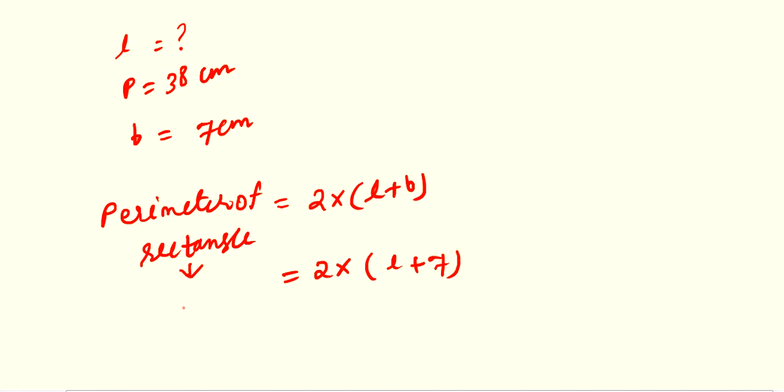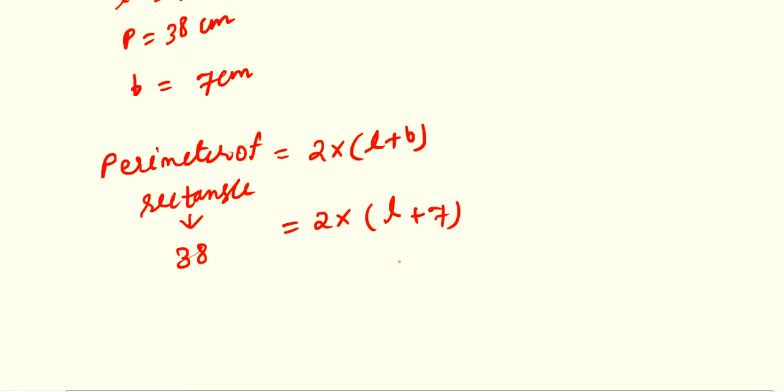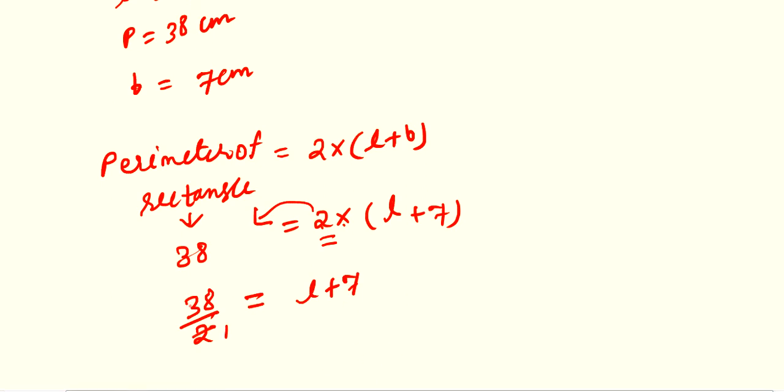Now the perimeter is given, how much? 38. So now this length we have to find. Clear? Now the 2 outside the bracket, we transpose this 2 to the other side. Here 2 is multiplying, so when it goes to this side it will divide. So 38 divided by 2 equals L plus 7. So 2 1s are 2, 2 1s are 2, 1 remaining, 8 will become 18, 2 9s are 18.